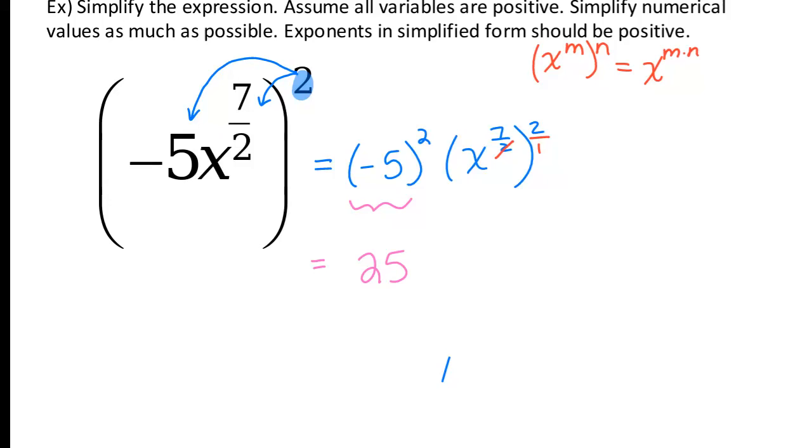Like 2 goes into itself once and into 2 one time. So I'm left with x to the 7 times 1 is 7, 1 times 1 is 1. So it's just x to the 7th power. Okay. The other way, again, you can do it is 7 times 2 is 14. And 2 times 1 is 2. So 14 divided by 2 is still 7.